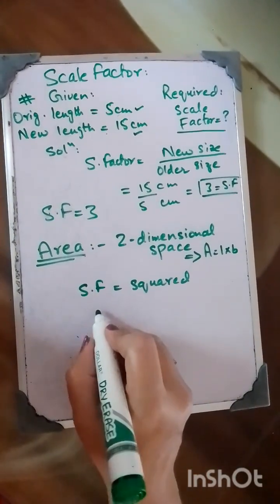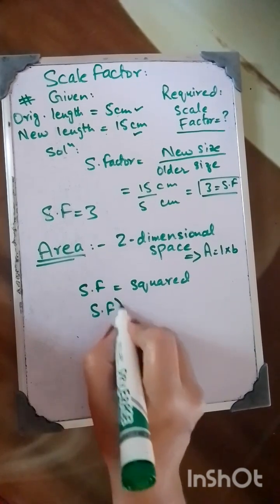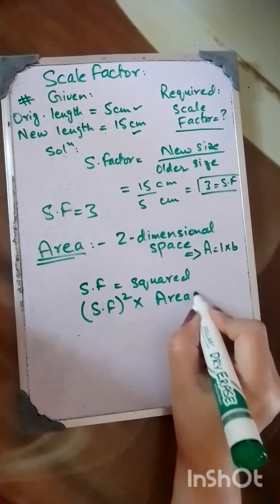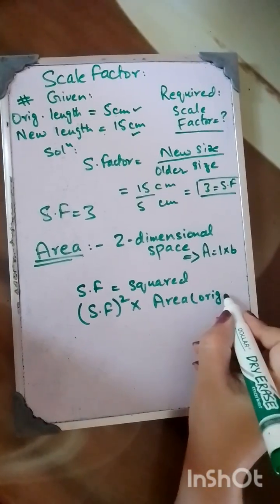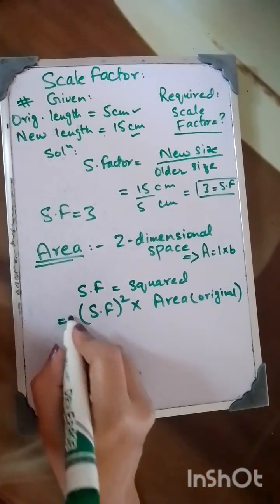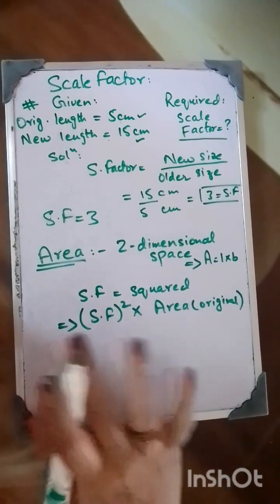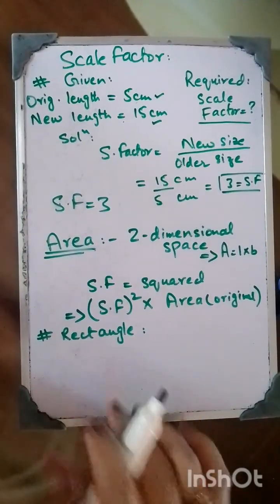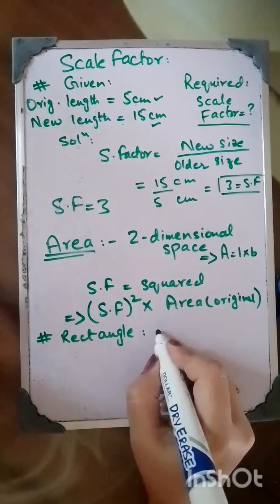Since it's a two-dimensional space, we simply square it and multiply it with the original area given to us, right? This is the simple way to find the area using scale factor. The scale factor will be squared.